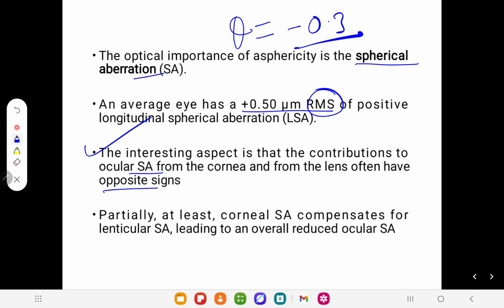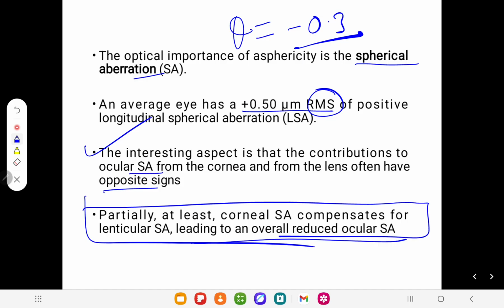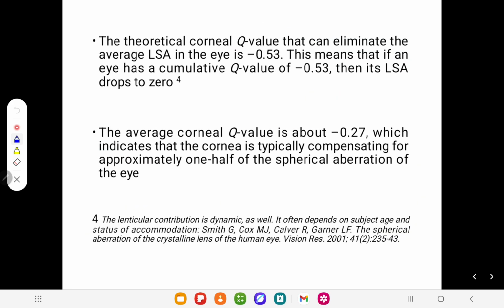Corneal spherical aberration compensates for lenticular spherical aberration, leading to an overall reduction in spherical aberration. That's the beauty of nature, isn't it? So the total spherical aberration when the image reaches the retina is reduced overall.